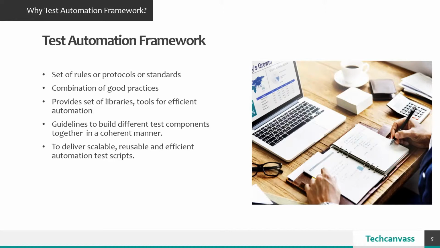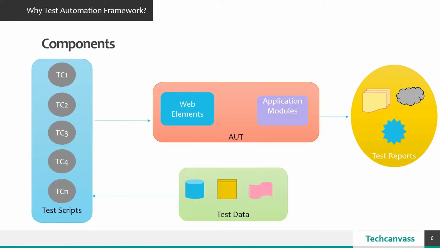It covers the good practices to design our test scripts in an efficient manner. It contains the set of libraries and tools that help in making the test scripts and artifacts coherent. Using a test automation framework, our test scripts become more scalable, reusable, and more efficient.